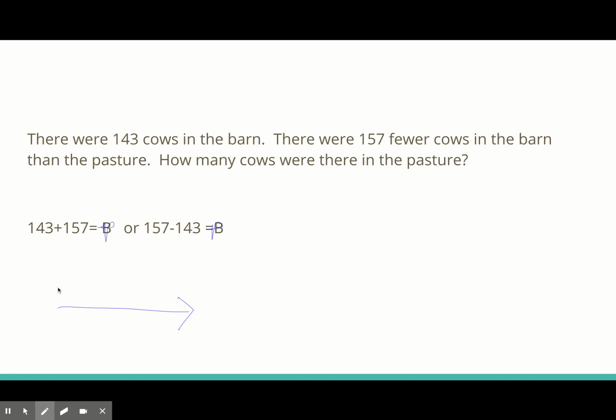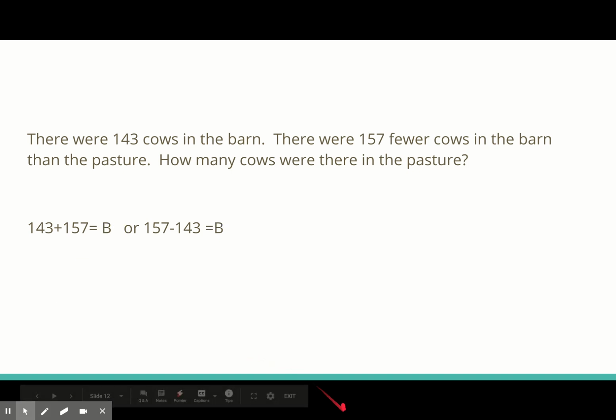We have our change number, we have our barn, and we have our pasture. And now we're just figuring out which one is right. So go ahead and do that now. That's right. It's going to be 143 plus 157 equals P. So let's go ahead and do that on the next one. Here we go.